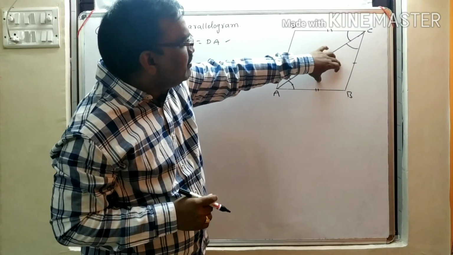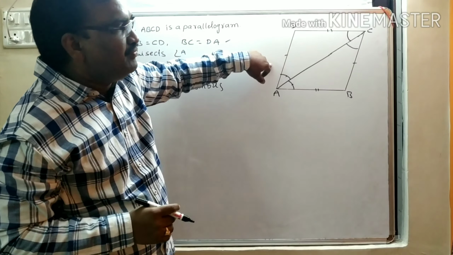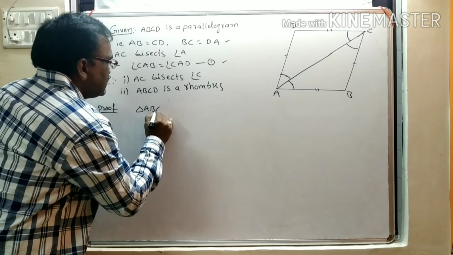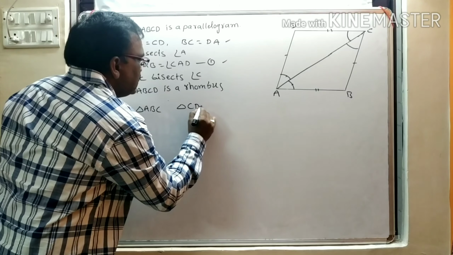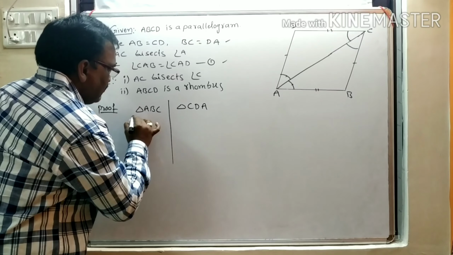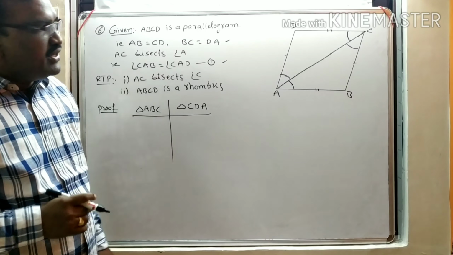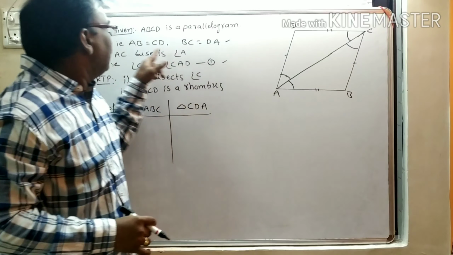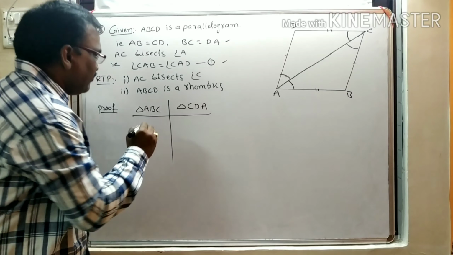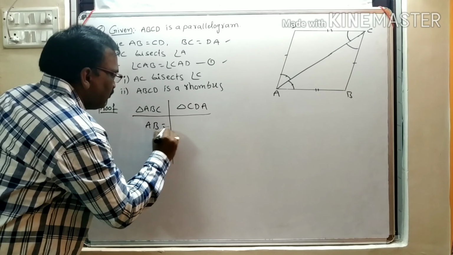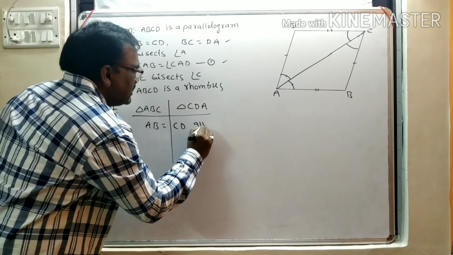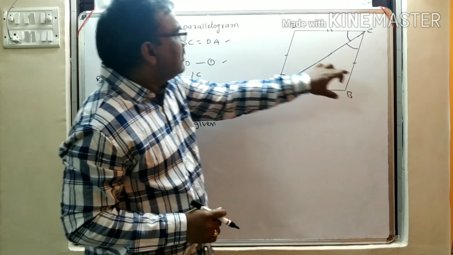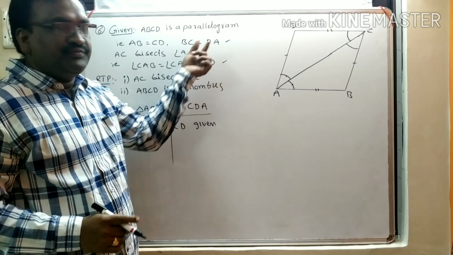Observe the triangles ABC and CDA. These what are equal? AB is equal to CD, already given. Next, BC is equal to DA, this is also given.